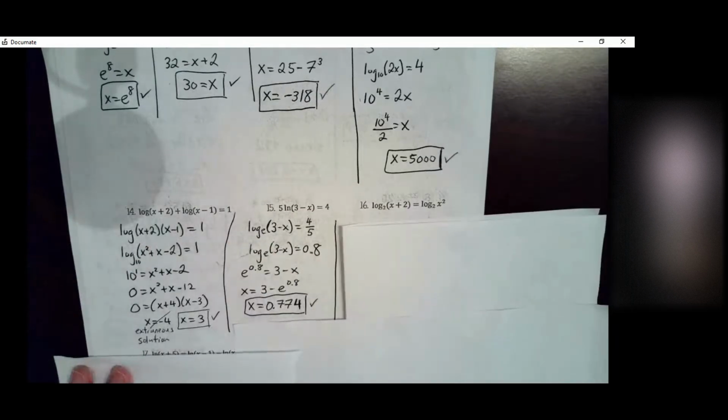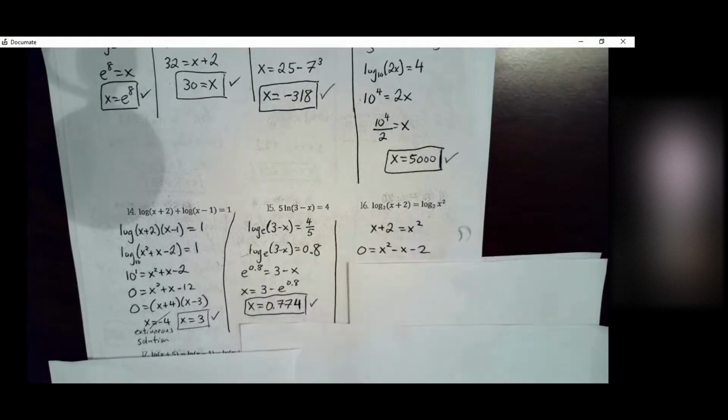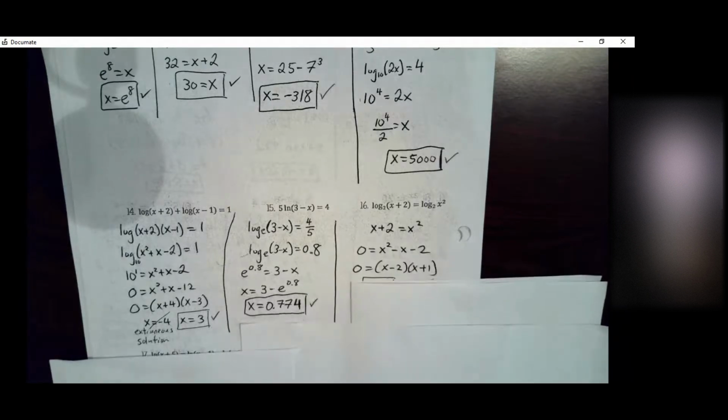So x plus 2 equals x squared. 0 equals x squared minus x minus 2. x plus 1 and x minus 2, so x equals -1, x equals 2.